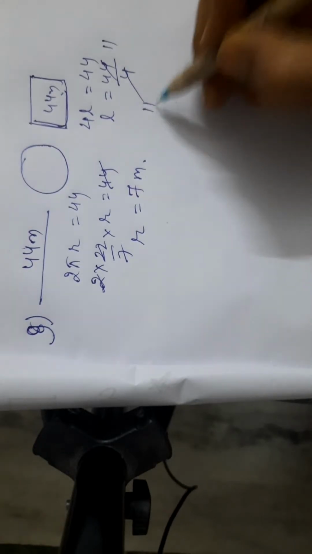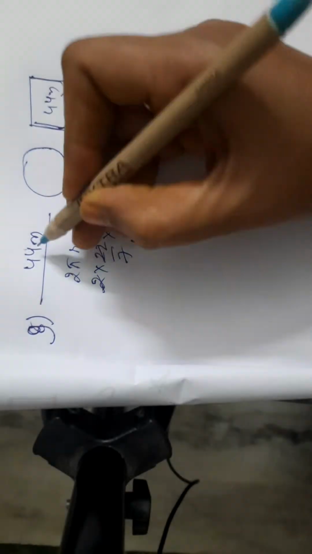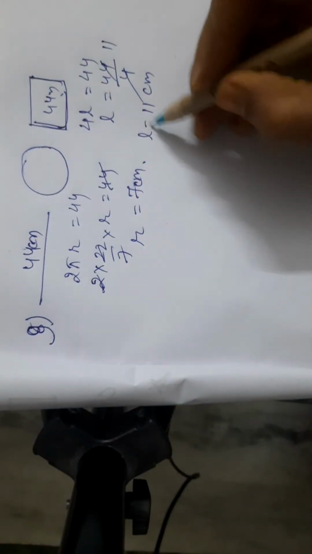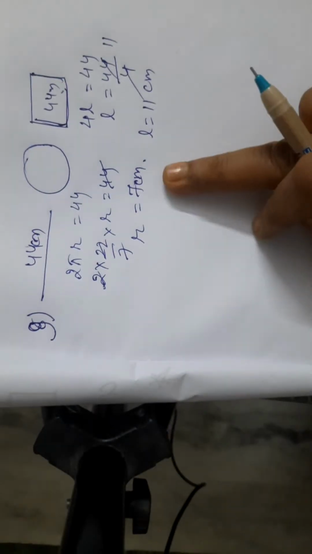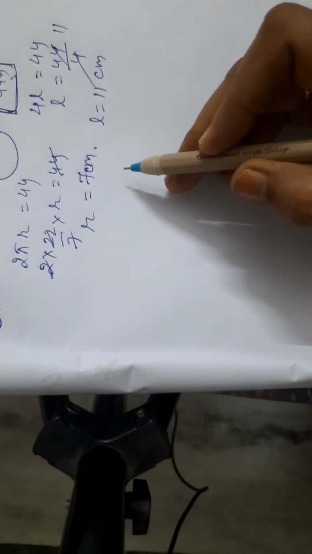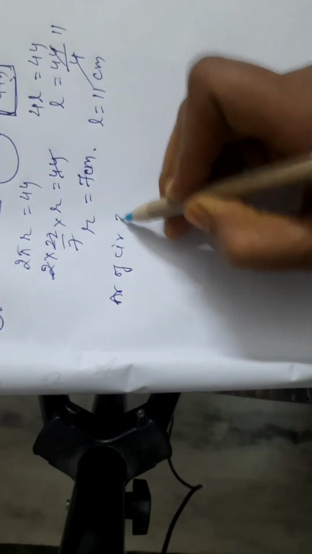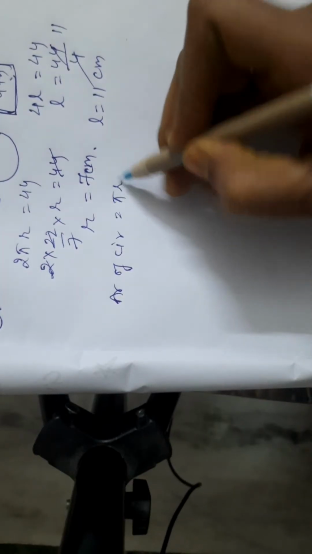Now we got the side of the square as 11 centimeter, and the radius of the circle is 7. Now all of you are familiar with the area of a circle and the area of a square. So put the formula and all the values, and you can calculate the area of the circle. Area of circle is pi r square.